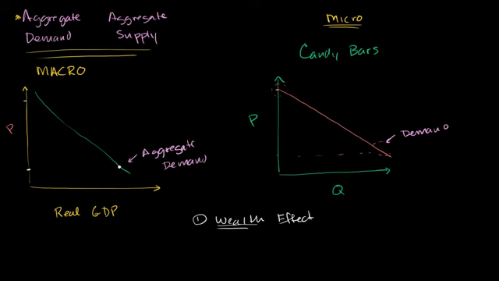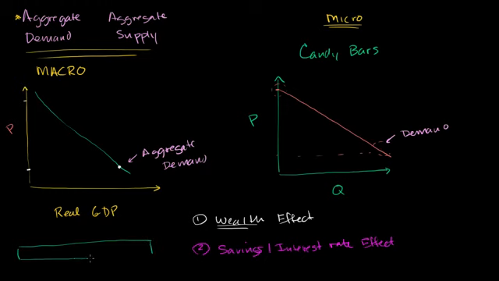The other one is related to interest rates. The other one is related to, and I would call it the savings and interest rate effect. Because you can imagine, if before this bar represented the total amount of money someone had in their pockets, and this is how much they needed to spend on goods and services in order to have a nice, happy, productive life, and this is what they were originally going to save.